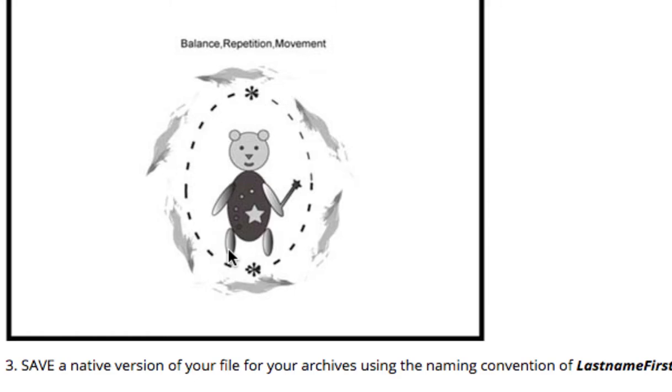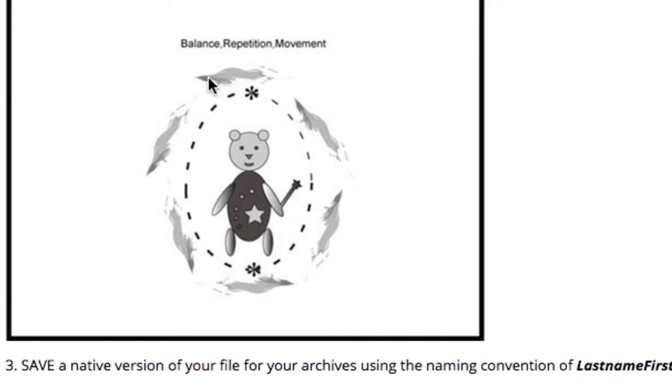And you can see that there's a radial balance here around 360 degrees. Things are kind of reflecting in these various axes. This dashed area here has radial symmetry. The two asterisks reflect through the horizontal axis. And of course there's bilateral symmetry through the vertical axis for the bear's body.